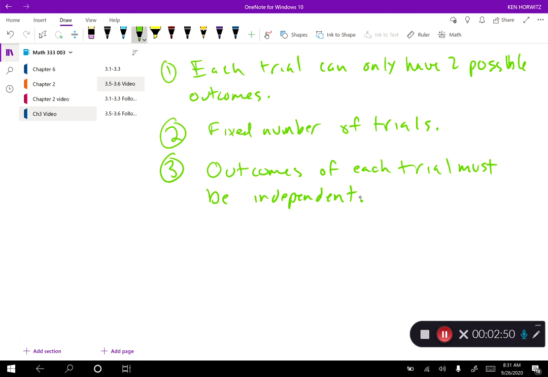Each one has its own probability. And fourth, the probability of success must remain the same for each trial.